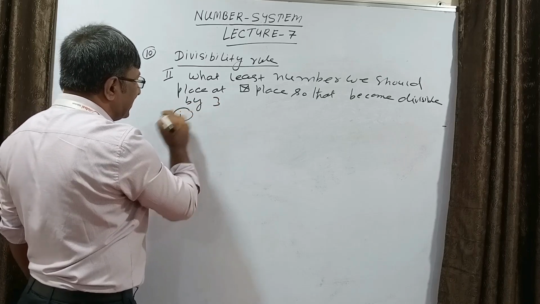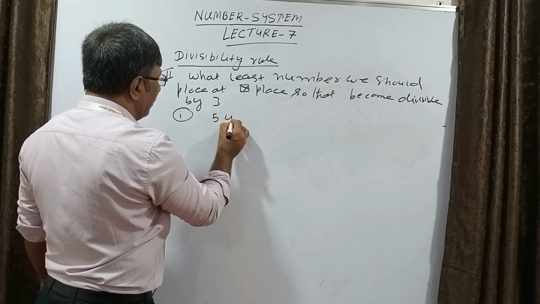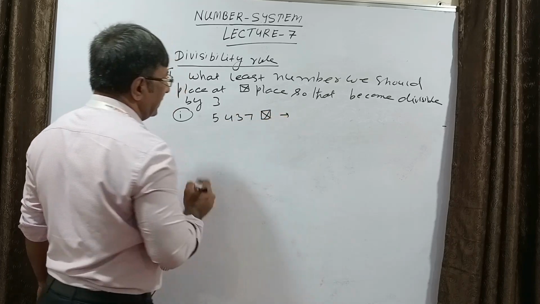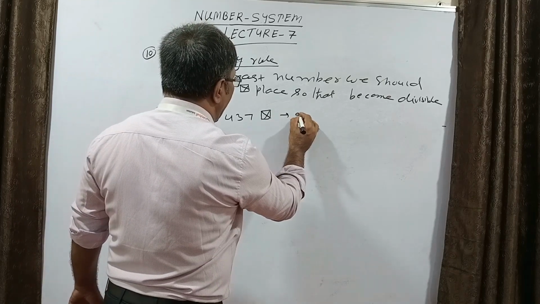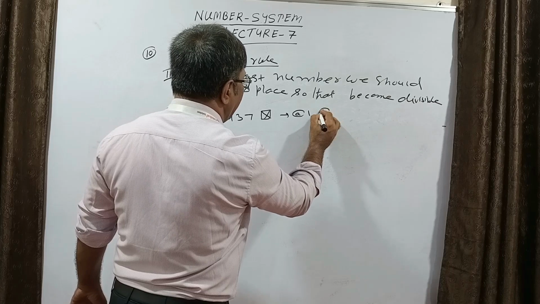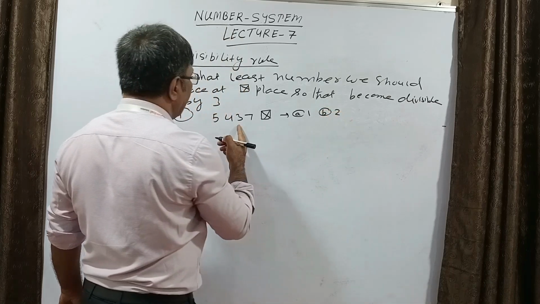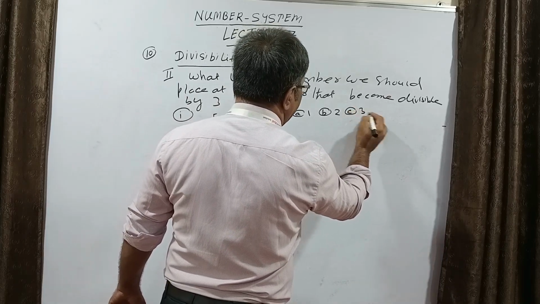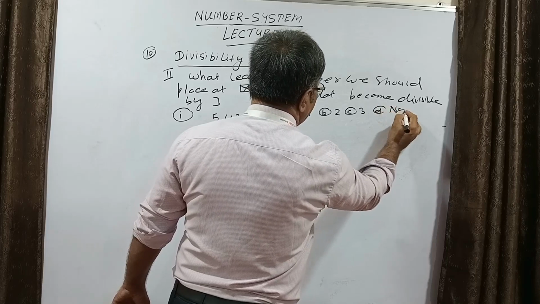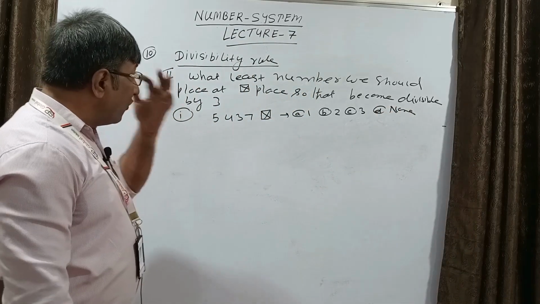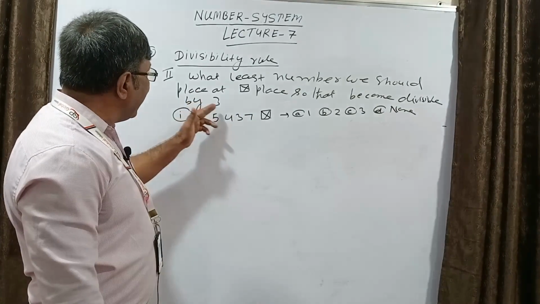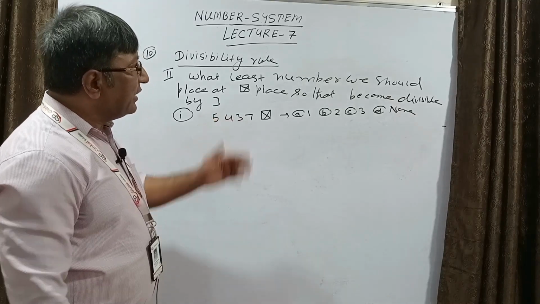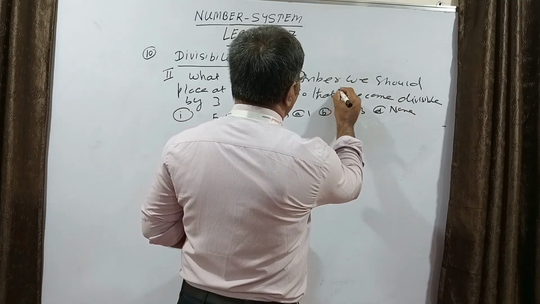Just like an example is given 5, 4, 3, 7, and this is a star place. Here option 1, option 2, option 3, and here option none. So my question is what least number we should place at this star place so that it becomes divisible by 3.